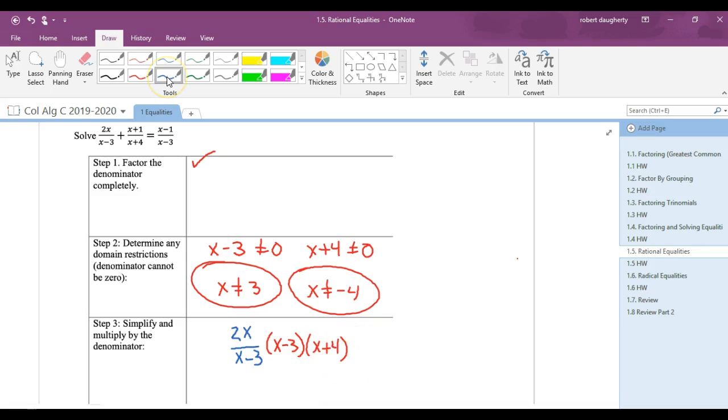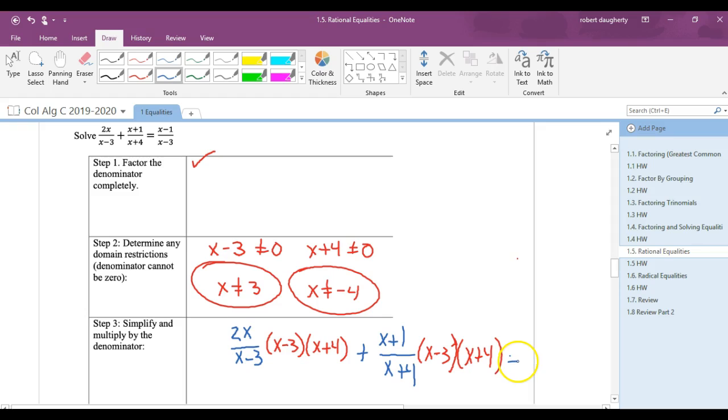And then I've got plus x plus 1 over x plus 4. That gets multiplied by x minus 3, x plus 4. Okay, it's a lot of writing, but I'm just multiplying everything by the common denominator.